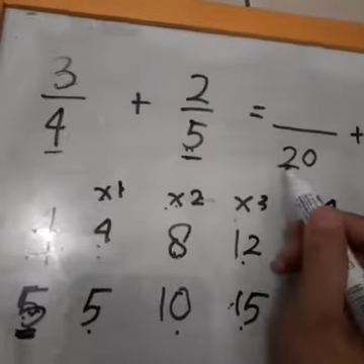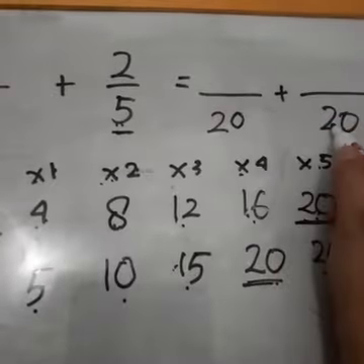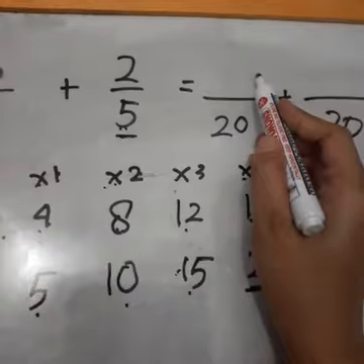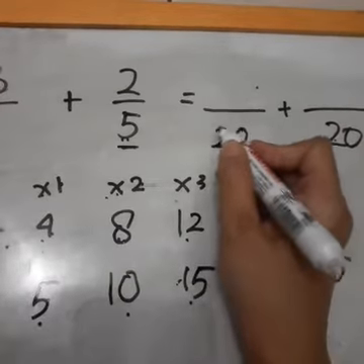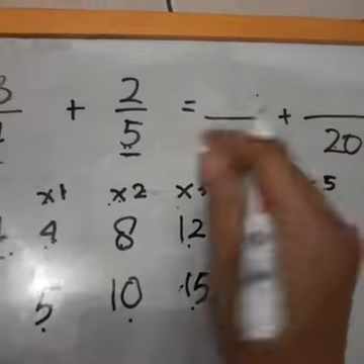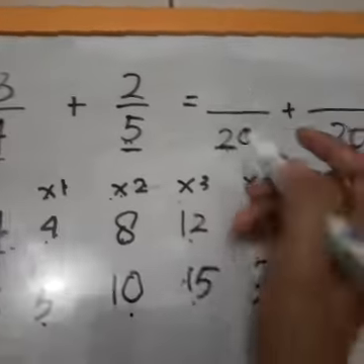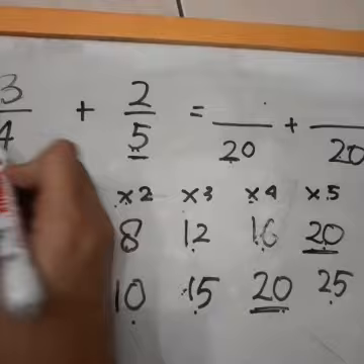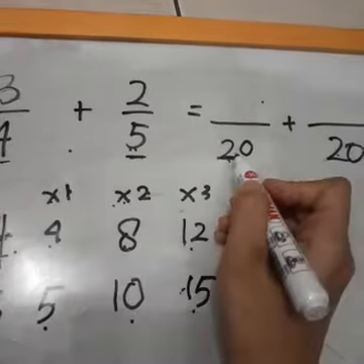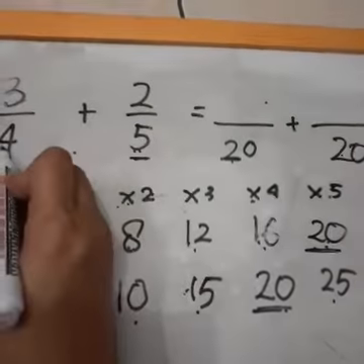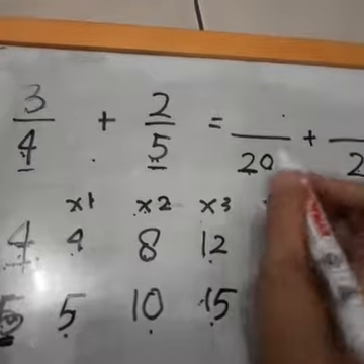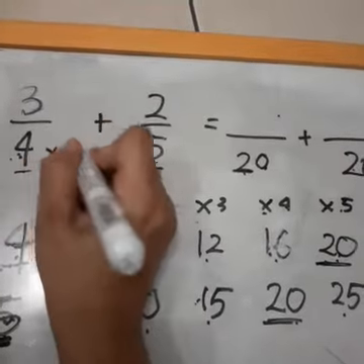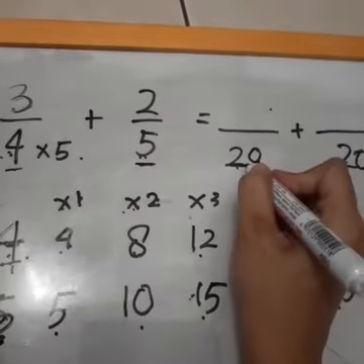So, we have a common denominator, and for the numerator, we have to find them. The first step is 4 times what is 20? 4 times what number is 20? 4 times 5 is 20.